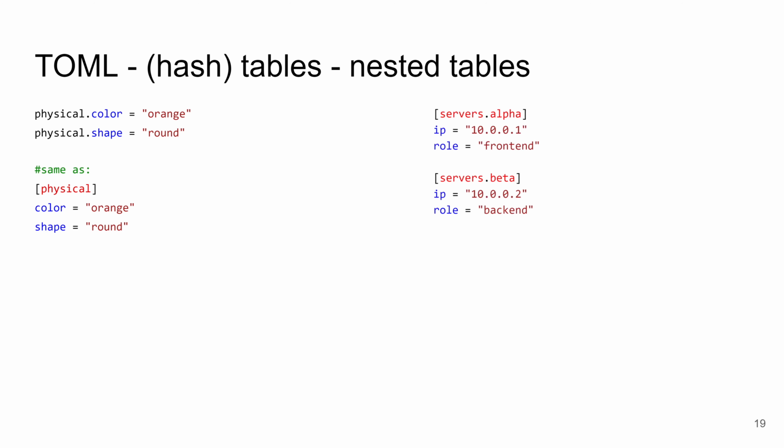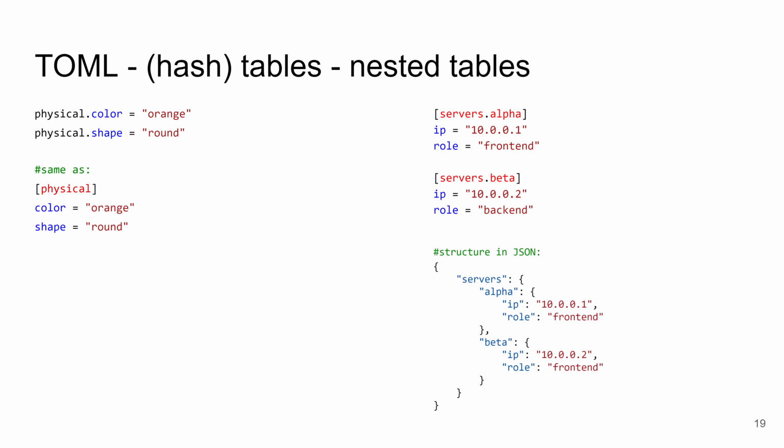The dotted key syntax can also be used in table names, and it means the same thing. There is a servers table which contains two tables, alpha and beta, and each of them contains two key value pairs, IP and role.